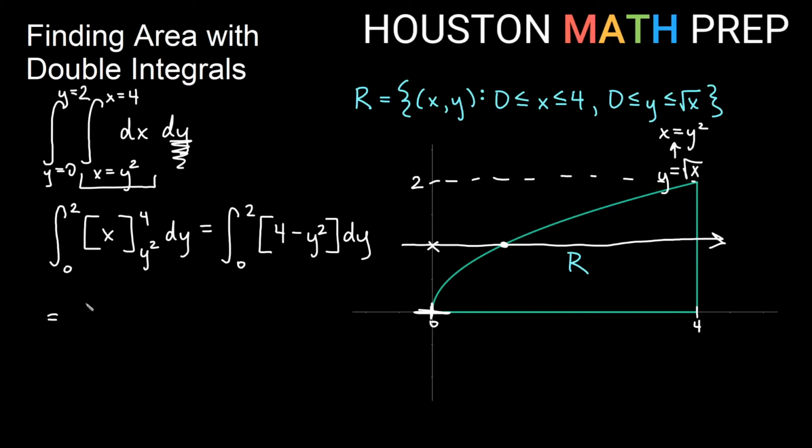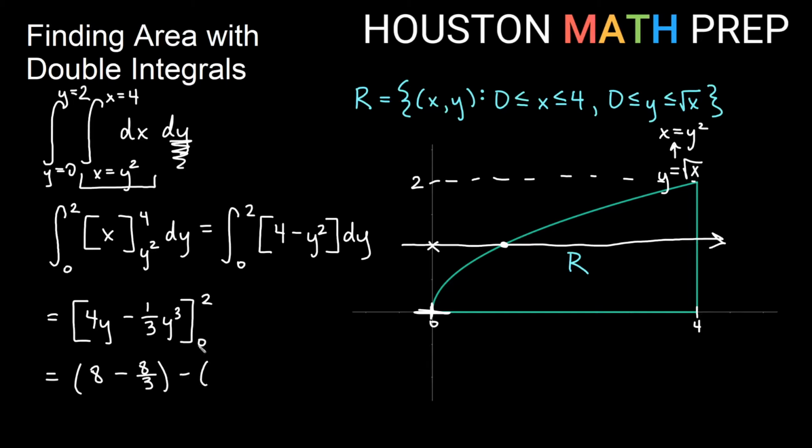So we have a nice easy integral to do from there. So integrating 4 dy will give us 4y, minus integrating y squared will give us 1/3 y cubed. And we'll be plugging in bounds 0 and 2. And if we plug in 2, then we'll get 4 times 2 is 8, minus 1/3 times 2 cubed. 2 cubed would be 8, so minus 1/3 times 8 would be minus 8/3.